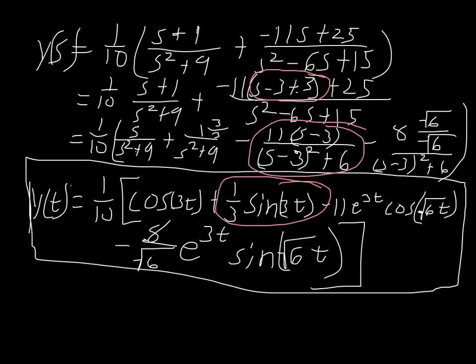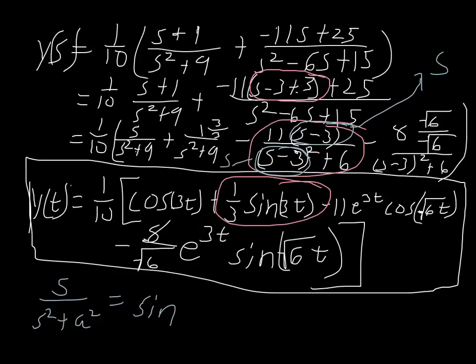And the reason why this is valid is because this essentially equals s, right? So this means that this equals s. And as we recall, for our Laplace table, the transform of sine is a over s squared plus a squared, right?